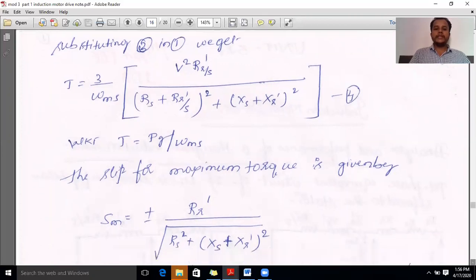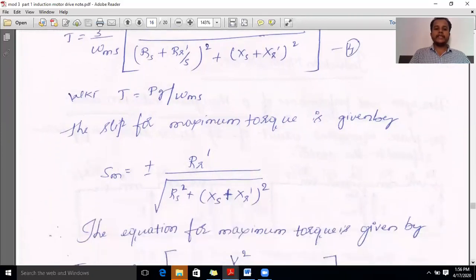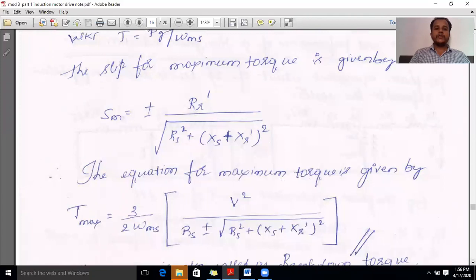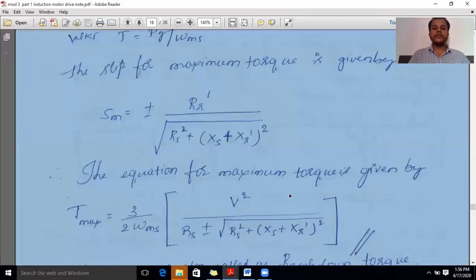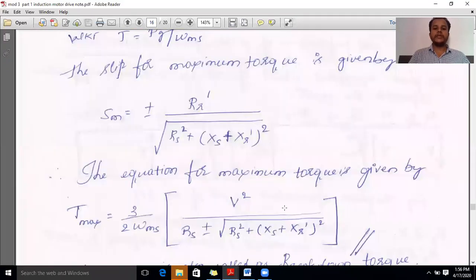In order to get T_max, we have substituted s equal to s_m in the T equation, and we have got T_max, that is the maximum torque of the induction motor. This is the equation of maximum torque of the induction motor.